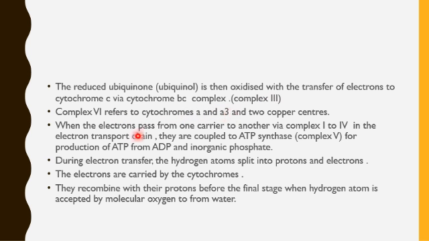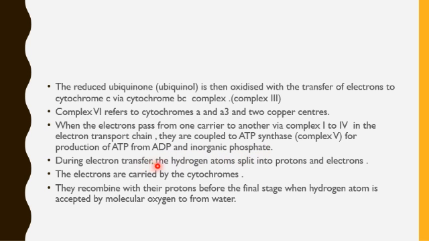When the electrons pass from one carrier to another via complexes 1, 3 and 4 in the electron transport chain, they are coupled to ATP synthetase, that is your complex 5, for production of ATP from ADP and inorganic phosphate.